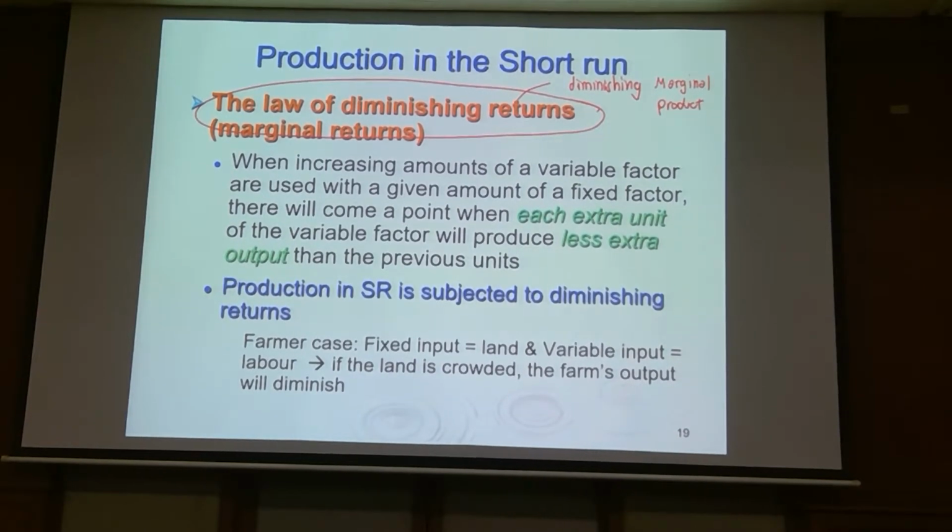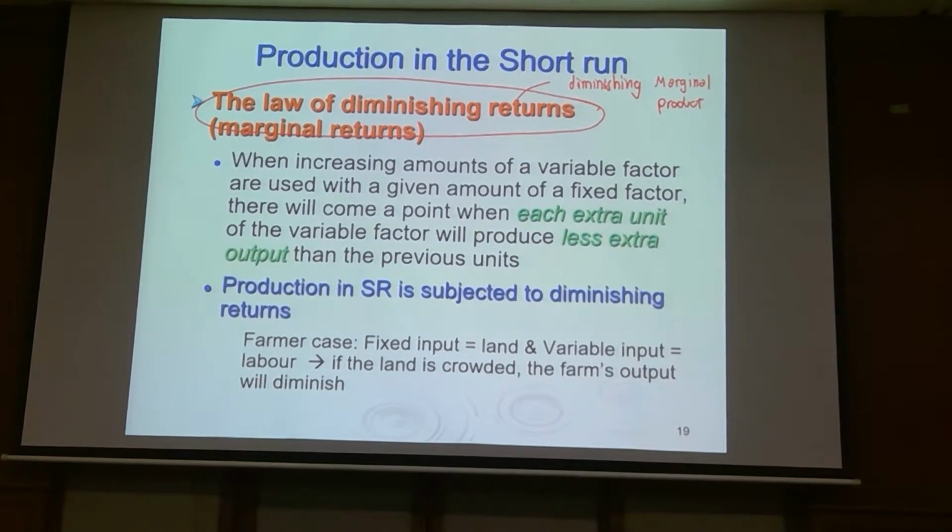So why do we normally encounter those kinds of situations? What do we mean by diminishing return or diminishing marginal product here? Let's see how we calculate the marginal product, or what we actually imply by the marginal product. Suppose the variable factor that we use in the production process is labor, which we're going to use the letter L to stand for.